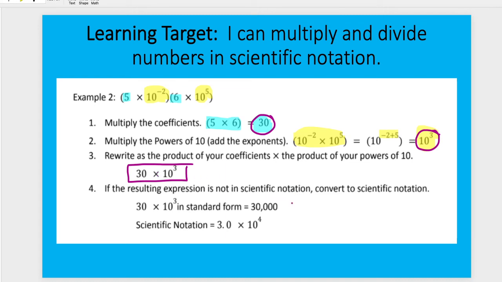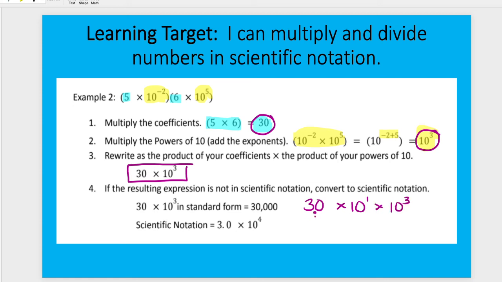So one way that I can do that is first, because remember, scientific notation has to have just one number to the left of the decimal. So what I could do is I could actually just take this number 30 and rewrite it in scientific notation as 3.0 times 10 to the 1st power. But I already have that 10 to the 3rd power, so I've got to multiply that as well.